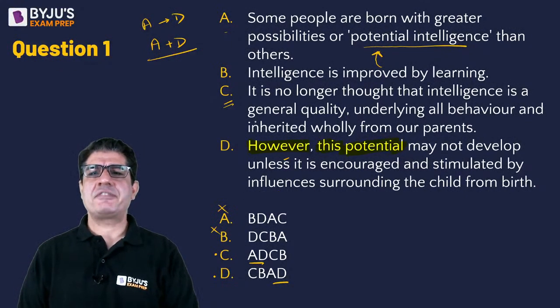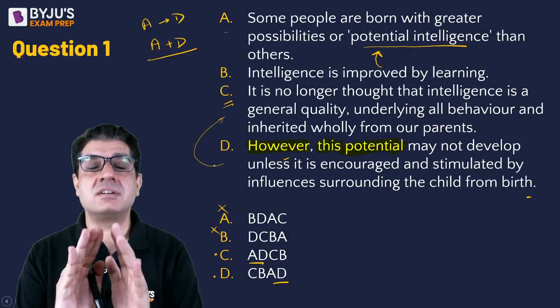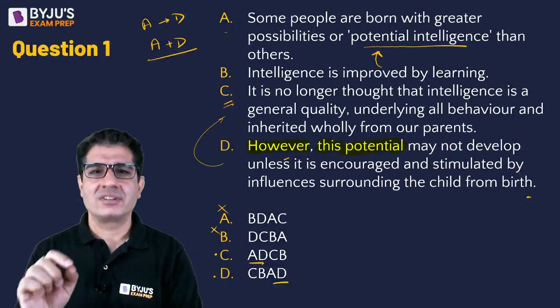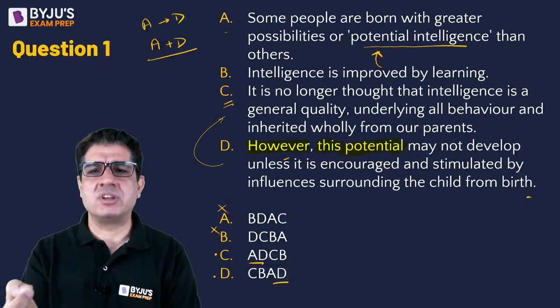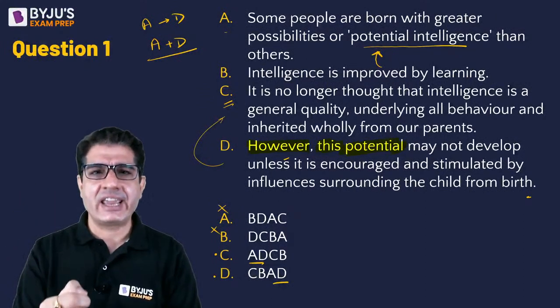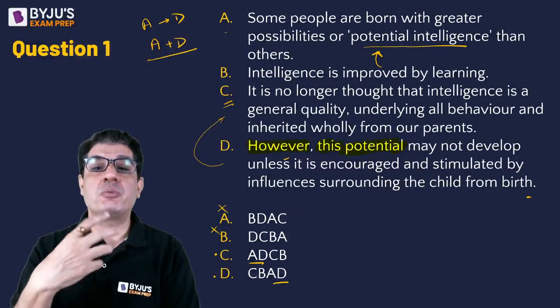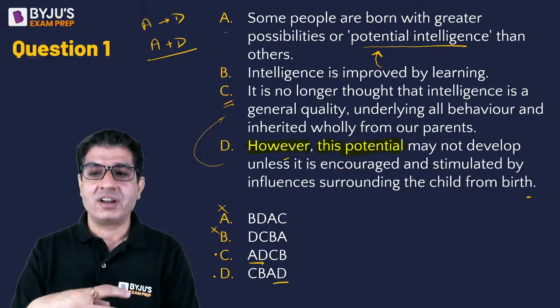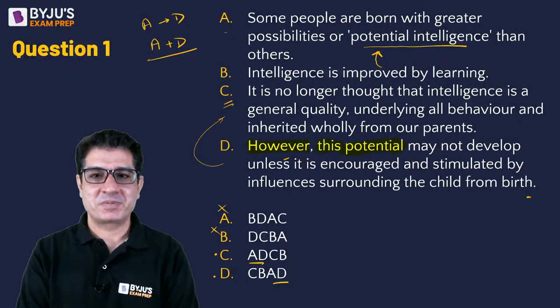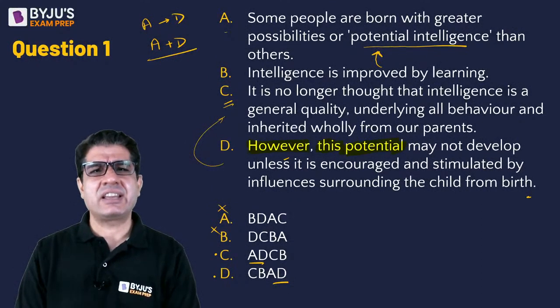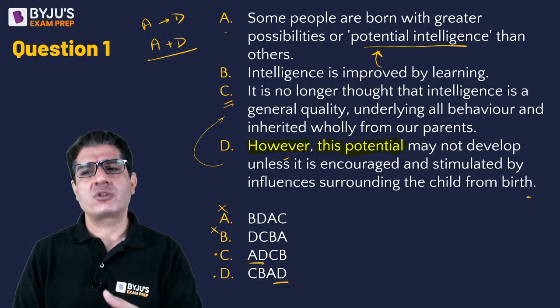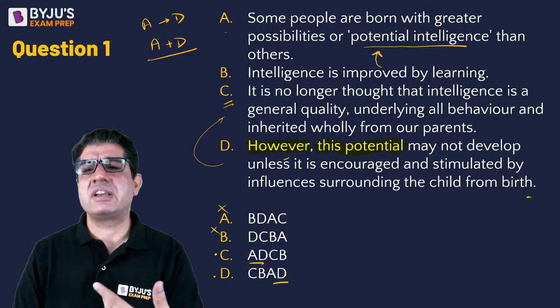If you put AD first, then from D to C, there'll be a jarring note. The transition is not smooth. We have already stated in A and D that intelligence is improved by stimulating it. And then we are stating in C that it is no longer thought that intelligence is a general quality inherited wholly.